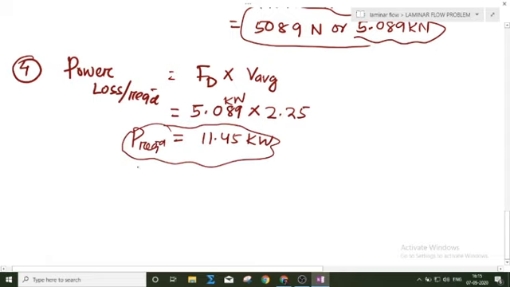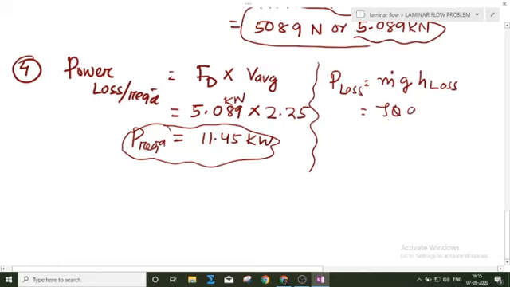Now you can find out this power another way also. What is the formula I told you? Power loss will be equal to, remember this one, m dot g into head loss. M dot is how much? This is rho Q. And g into head loss, I can write this as change in pressure by rho into g, because head can be written as change in pressure by density into acceleration due to gravity.